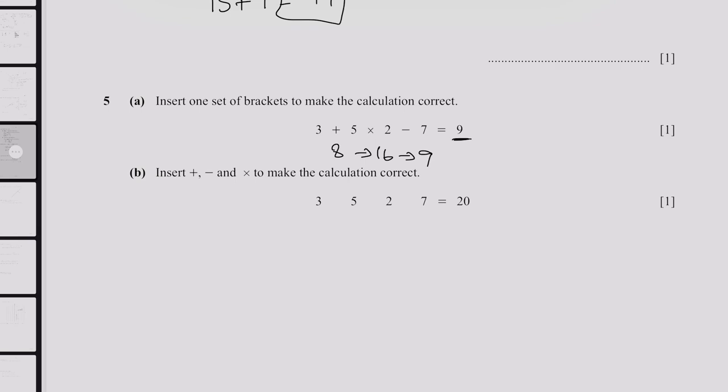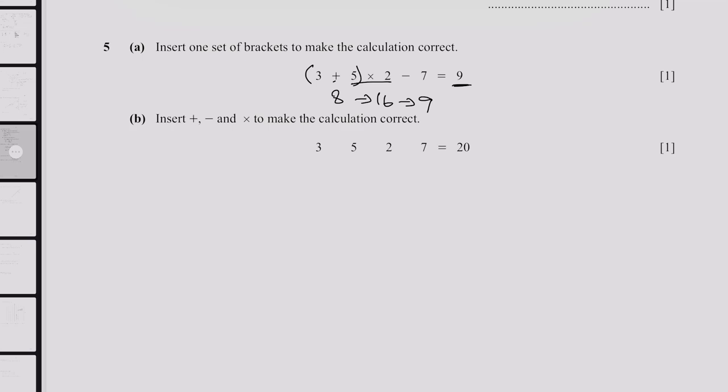But following BODMAS, I cannot just directly carry out 3 plus 5 multiplied by 2, because by that rule I will first have to solve 5 multiplied by 2, and then this expression won't work out. So if I add a bracket over here, first we'll resolve this bracket. This will become 8. Then 8 multiplied by 2 will become 16, and 16 minus 7 will become 9.